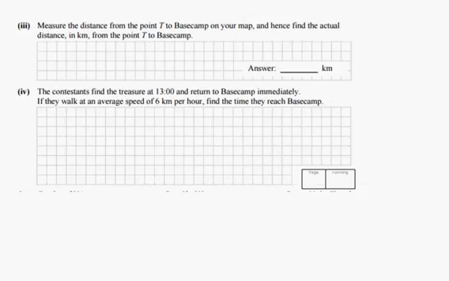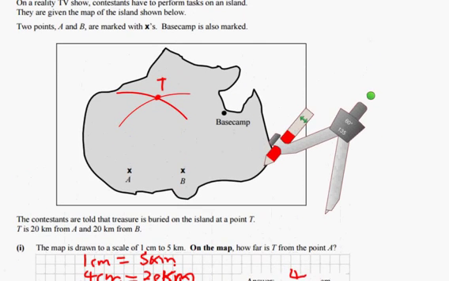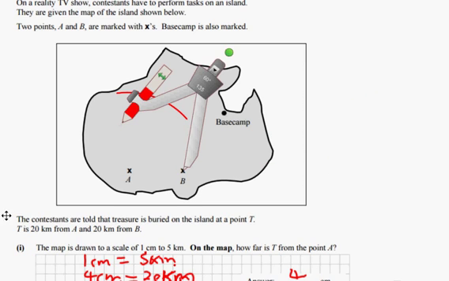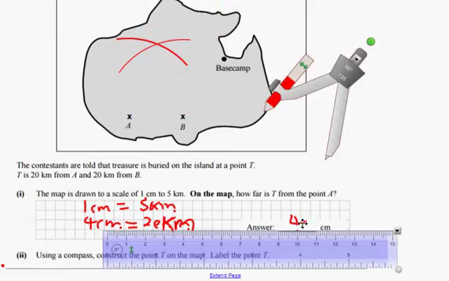Measure the distance from point T to base camp on your map, and hence find the actual distance in kilometres from the point T to the base camp. So, I have to get back out my ruler. I just had it there a second ago, didn't I? How did I get rid of the ruler? Ah, there it is. Okay, ready?